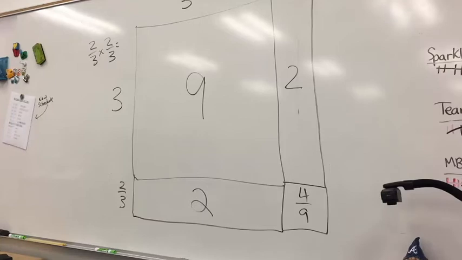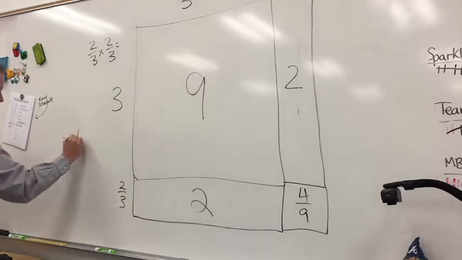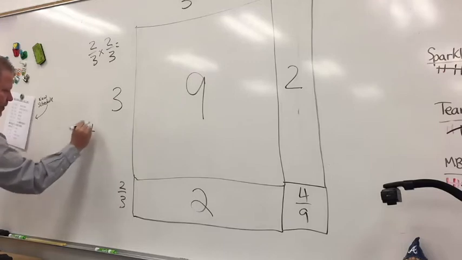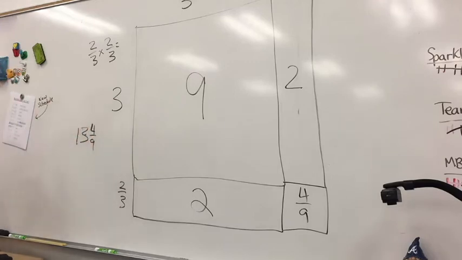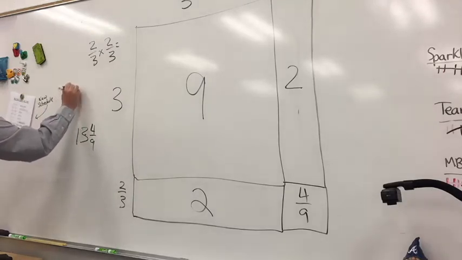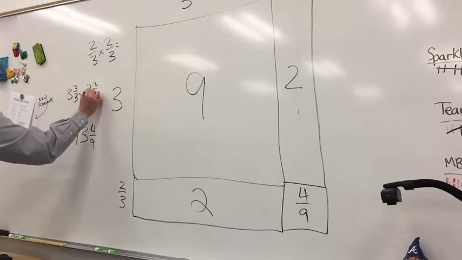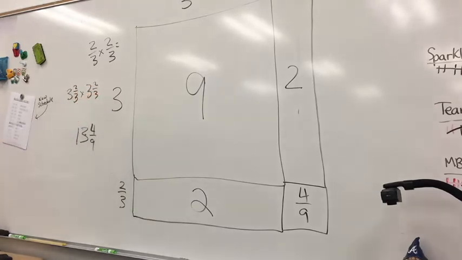And all that we've done here is we've multiplied. What would be our expression? What two numbers are we multiplying to find 14, sorry, what did you say? 13 and 4/9, right? Yeah. 13 and 4/9? What two numbers are we multiplying to come up? 3 2/3 Wait, don't go too fast for me here. 3 and 2/3. Yeah, tell me more. times 3 and 2/3. Times 3 and 2/3.